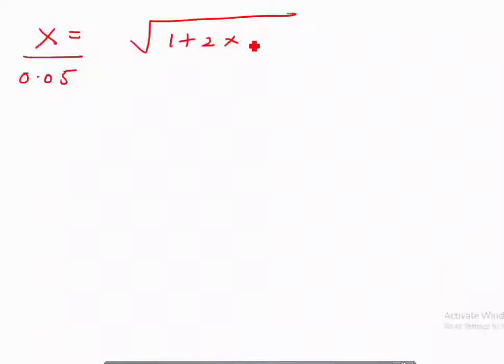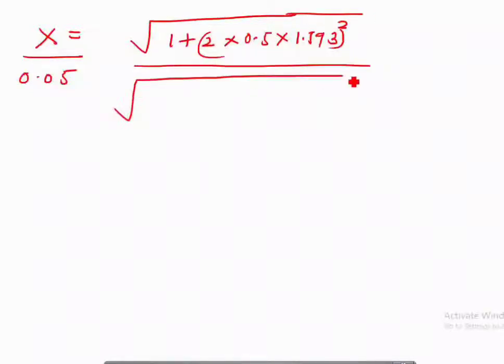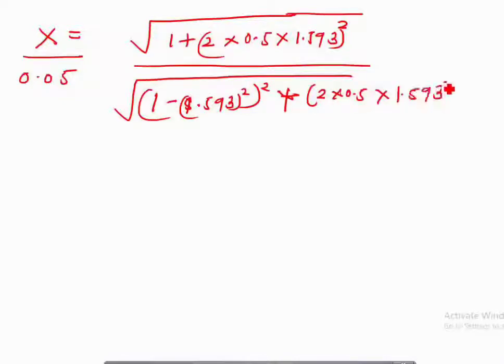So we know this x is equal to, and what is y? Y is 0.05. Square root of 1 plus (2 into zeta, which is 0.5, and r is 1.593) squared, divided by the square root of (1 minus 1.593 squared) squared plus (2 into 0.5 into 1.593) squared.